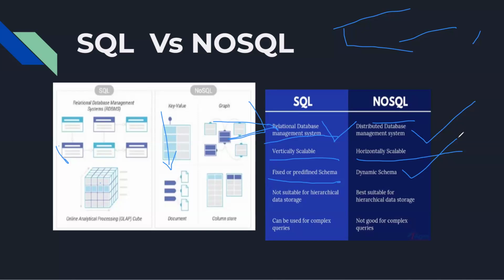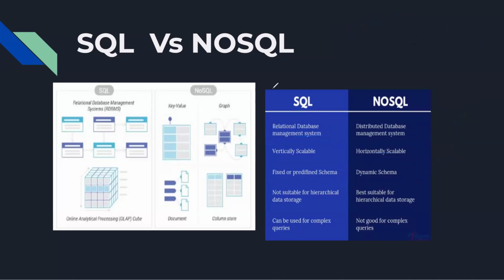I might send a text message saying good morning, you might send an image, someone might send a voice note, anything. So that is your dynamic. I'm not sure what I'll be getting. But if it is in rows and columns, a structure, I know the schema is predefined. That's the difference between your SQL and NoSQL.